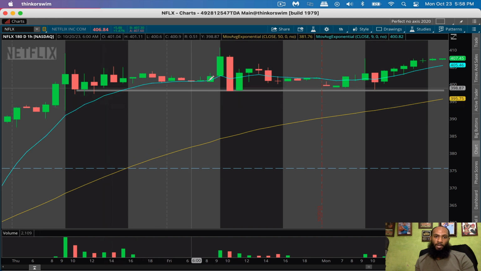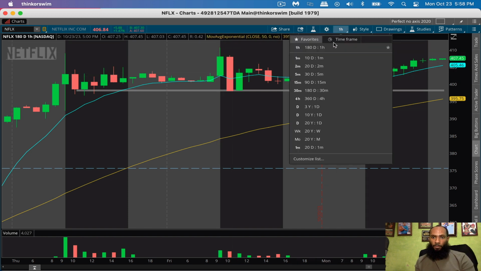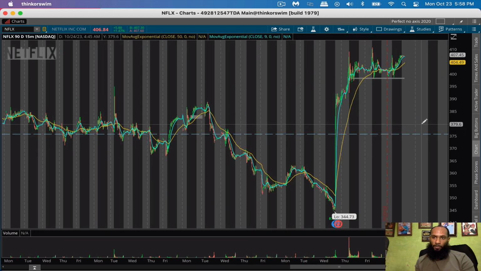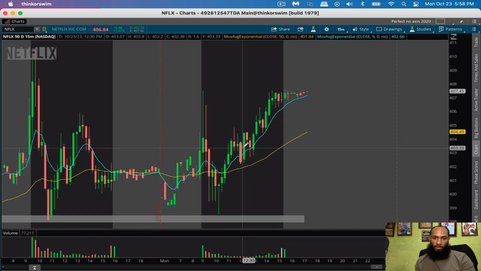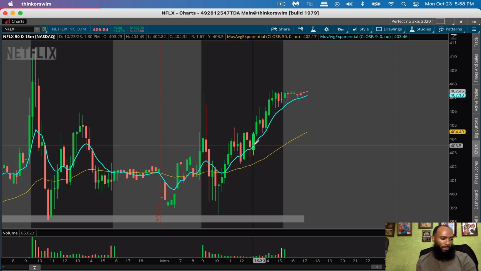So we're still making higher lows, which I expect a higher high than this previous one, which is at 410.64.